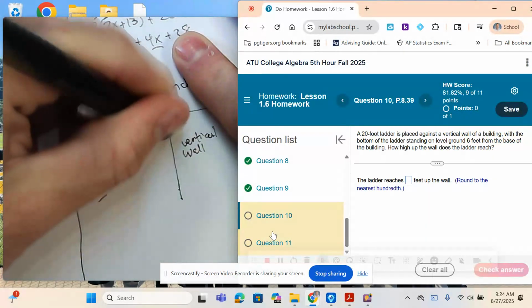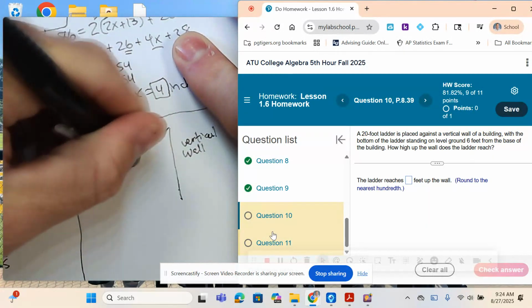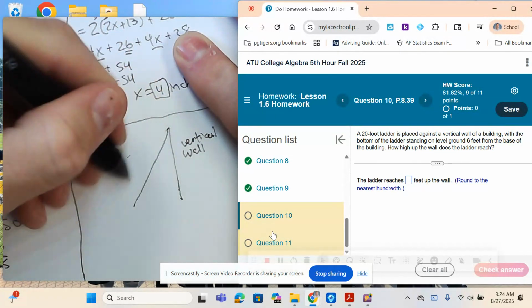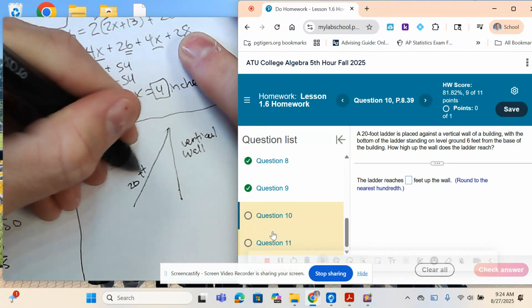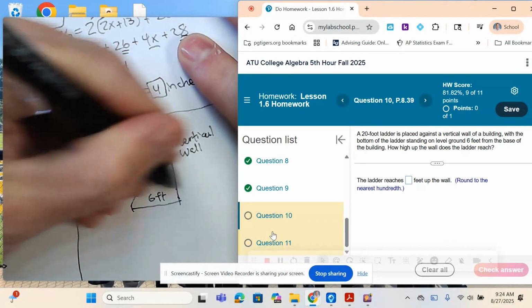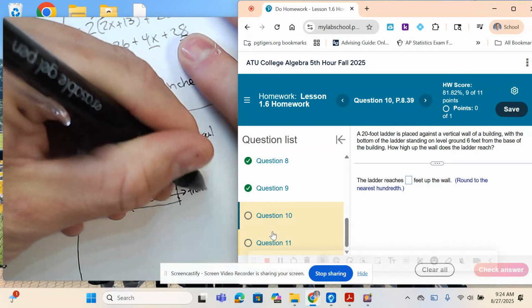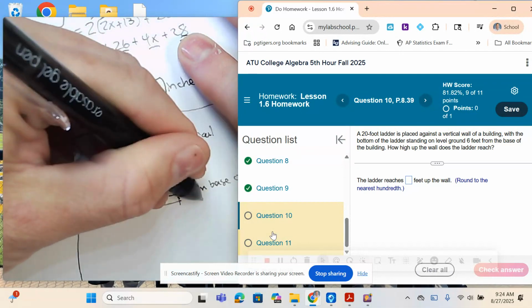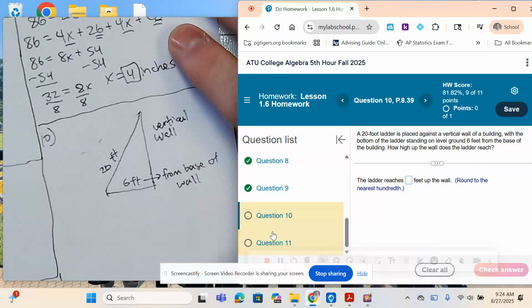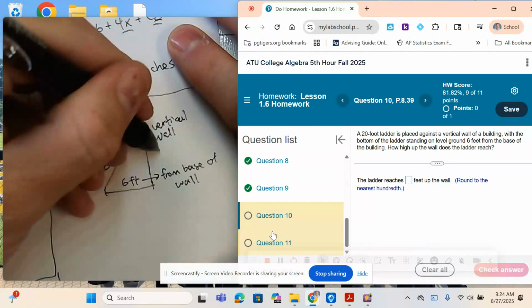I'm embarrassed by that. If it's 6 feet from the wall, this should be a smaller angle here. So now I've got to find out how far up the wall it reaches. So this is going to be my x.